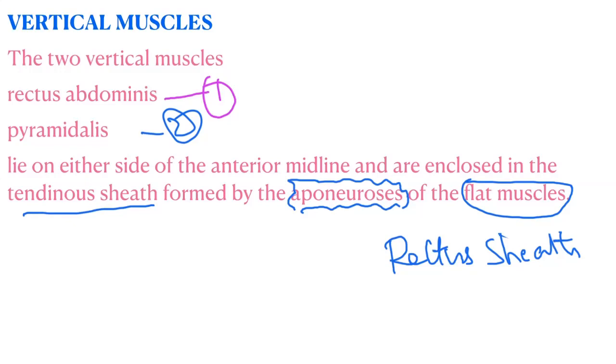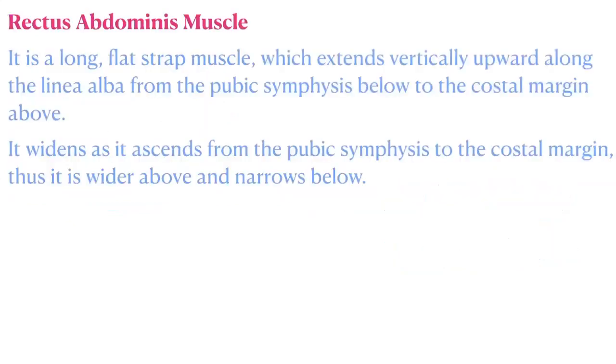So those aponeuroses form a tendinous sheath in front of the abdomen that enwraps the rectus abdominis and pyramidalis muscles, right? So basically the rectus abdominis muscle is within this tendinous sheath that is called the rectus sheath, right?